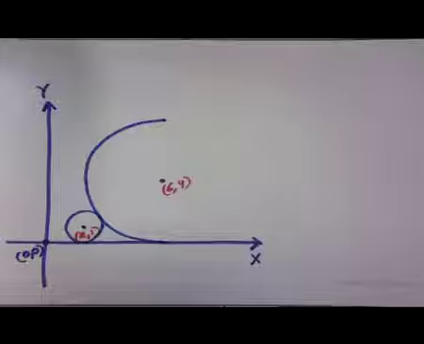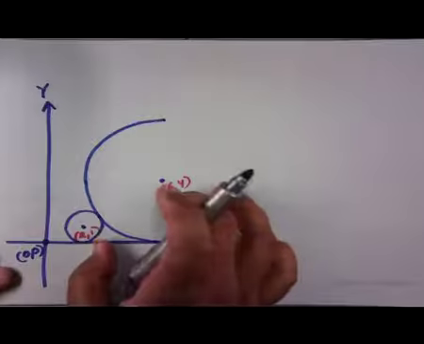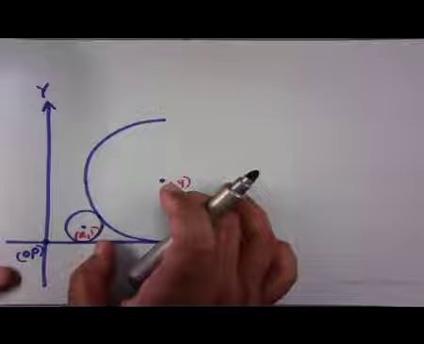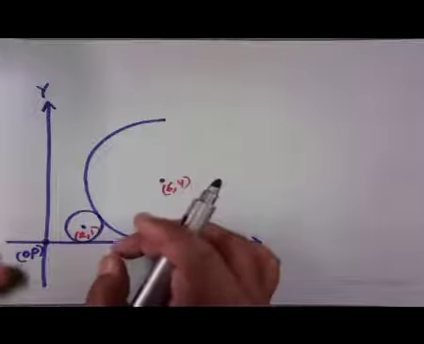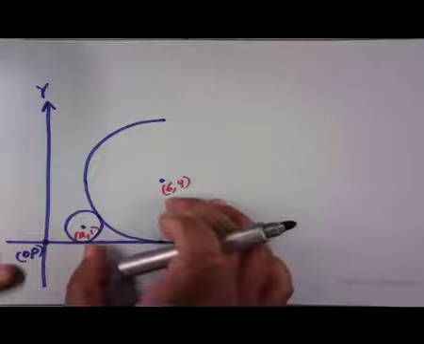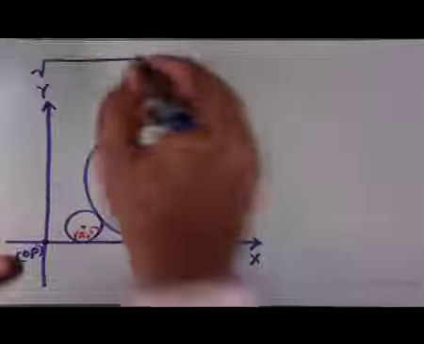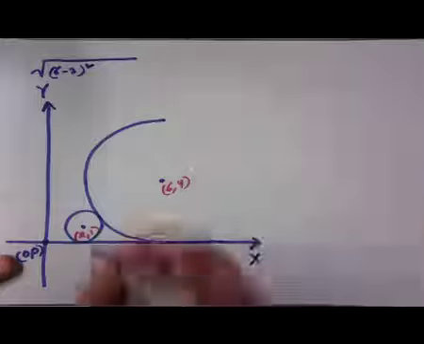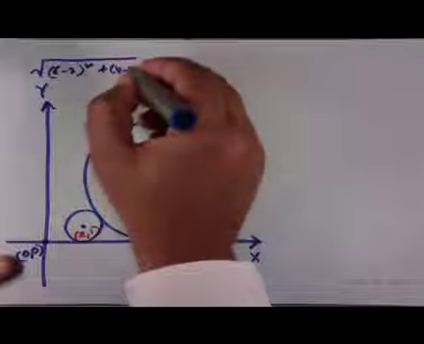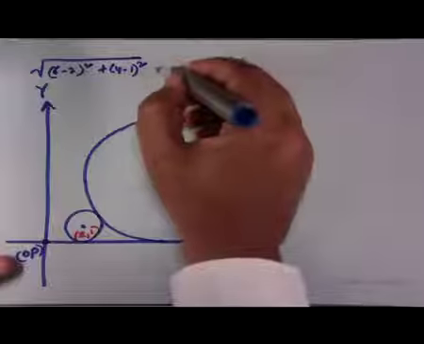If two circles are touching each other externally, then the distance between the centers has to be equal to the sum of their radii. The distance between these two centers is equal to square root of 6 minus 2 whole square plus 4 minus 1 whole square, which comes out to be 5.